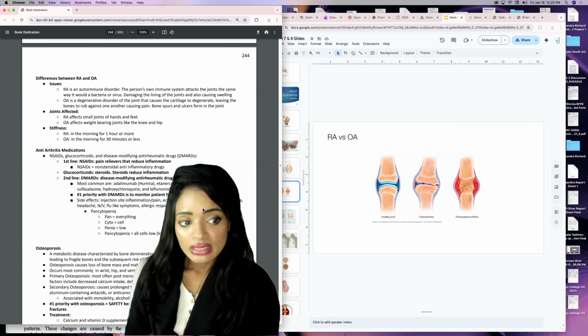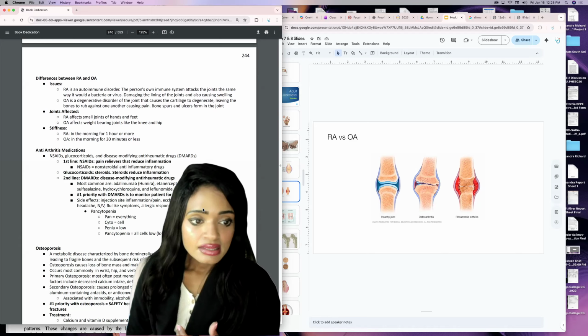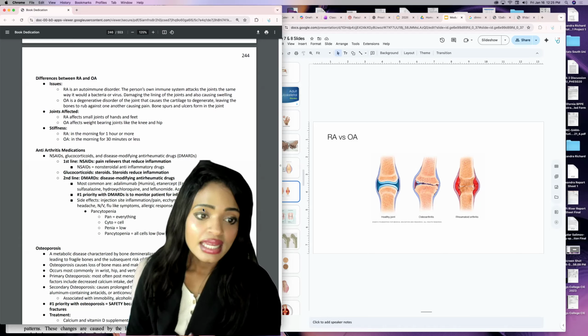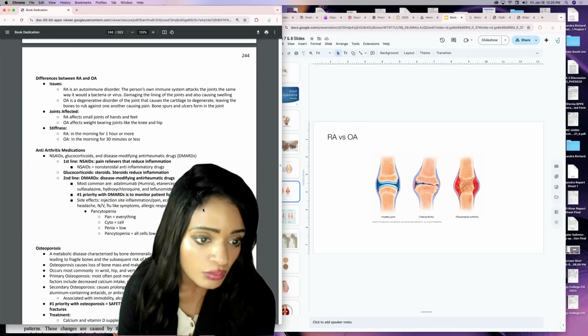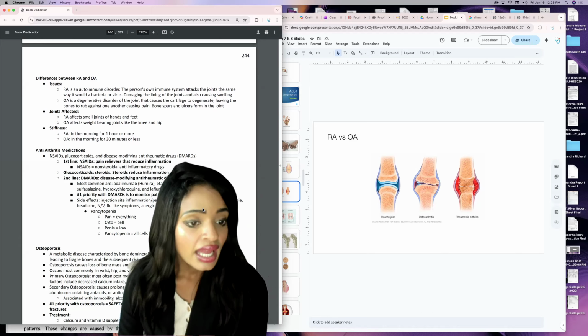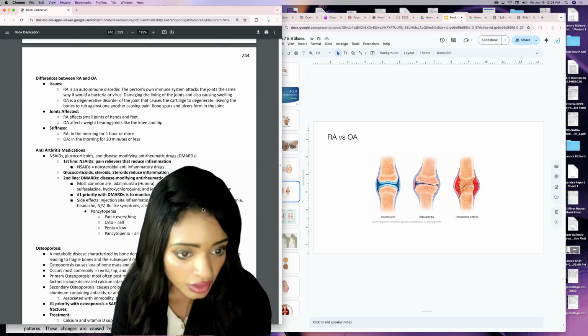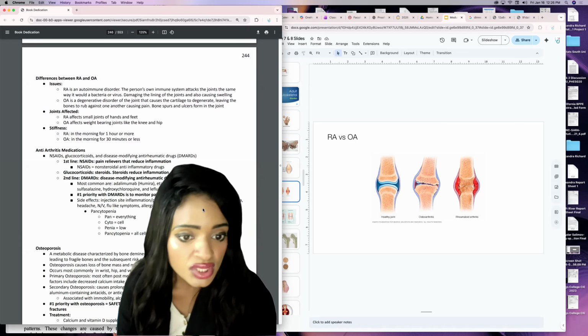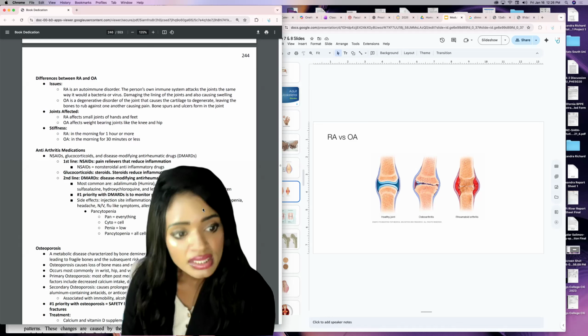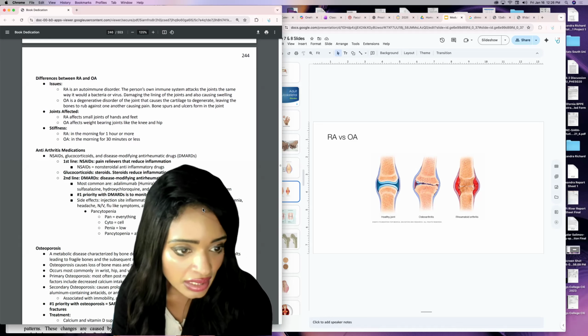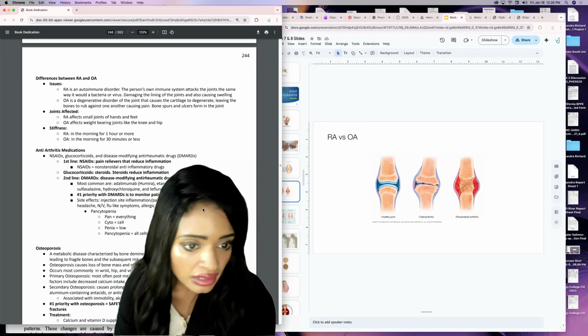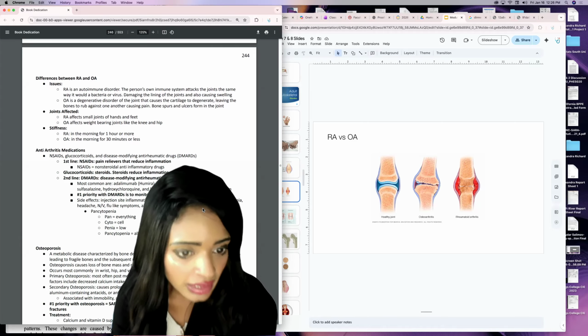So treatments: NSAIDs, which are nonsteroidal anti-inflammatories, steroids, and something called DMARDs, disease-modifying anti-rheumatic drugs. So your adalimumab, which is Humira, your etanercept, which is Enbrel, and methotrexate, sulfasalazine, hydroxychloroquine, and leflunomide.